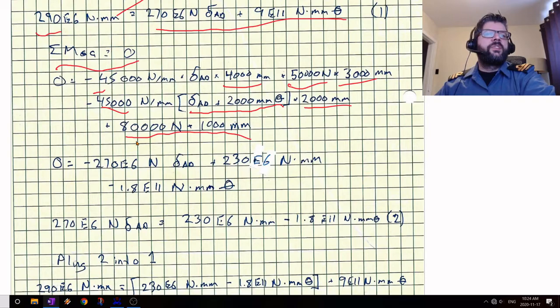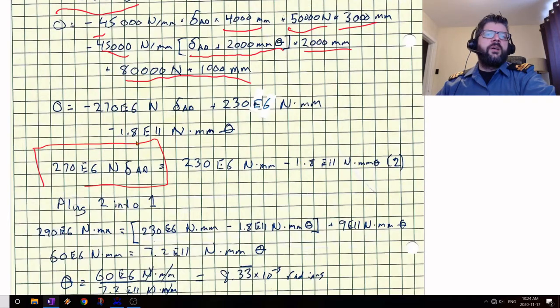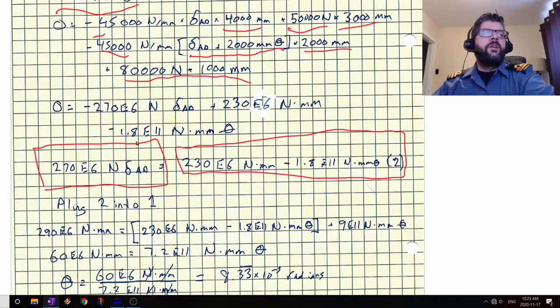So, just a bit of algebra again, 0 equals and so on. We end up getting 270 times 10 to the 6 newtons delta AD is equal to 230 times 10 to the 6 Newton millimeters minus 1.8 times 10 to the 11 Newton millimeters times the angle.